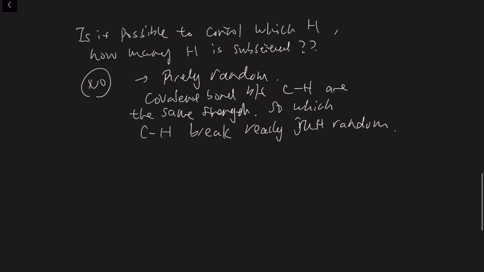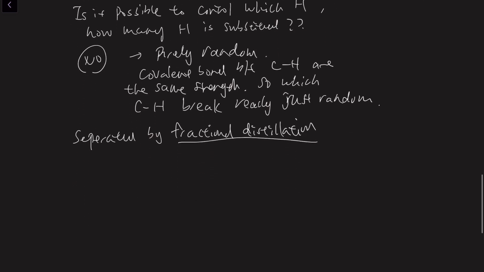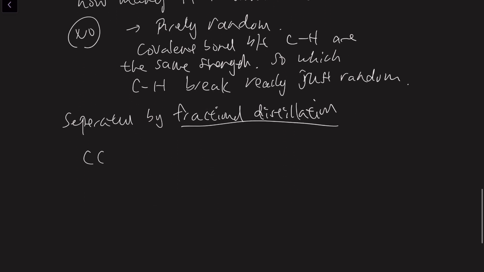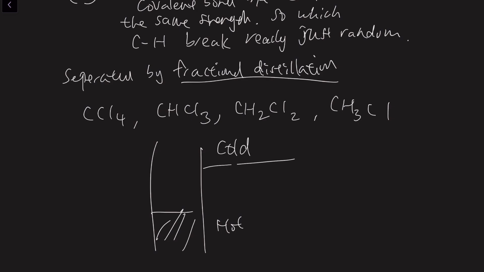Just like crude oil, which is a mixture of different lengths of alkanes, it must be separated by fractional distillation. Because we know that those chemical substances have different molecular mass and therefore different melting and boiling points, we can use fractional distillation, which is hot at the bottom and cold at the top, to separate out different fractions.